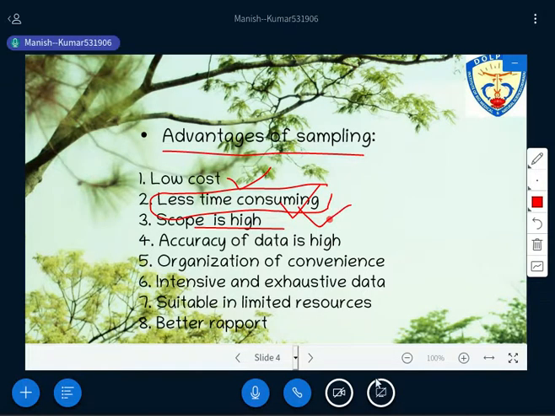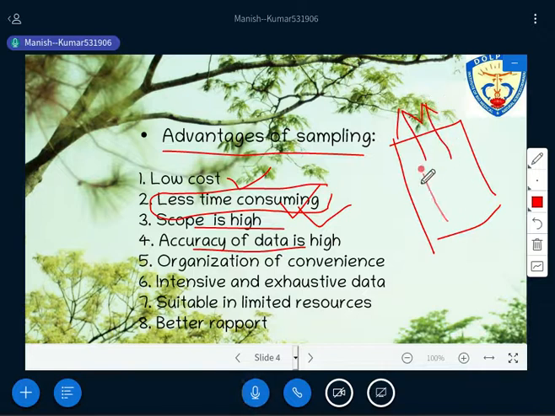Now, accuracy of data will be high. This is a very natural process, because if we have to cover a larger area, as humans you know the work will be more hectic. There will be chances that, because of human sentiment, human emotion, human laziness, you may create your own data if you have to cover the whole population.